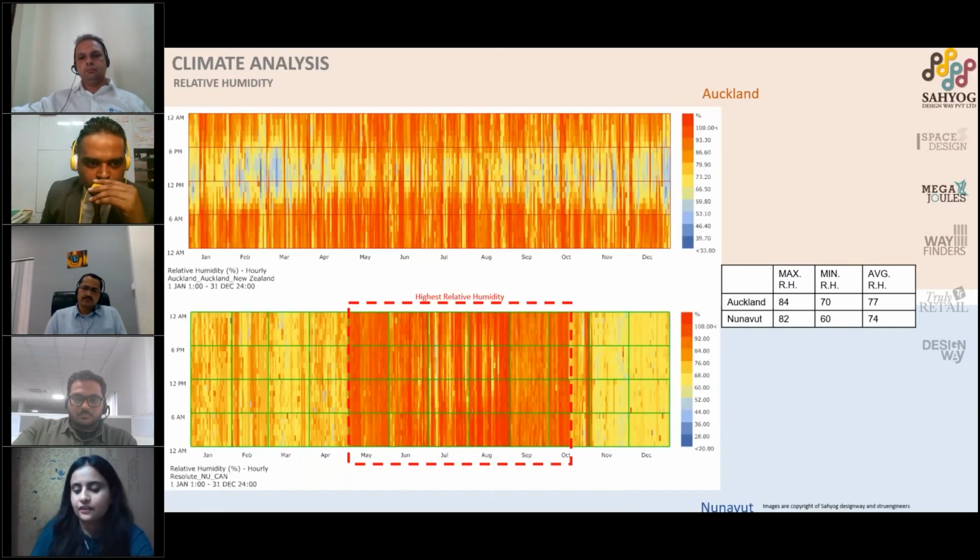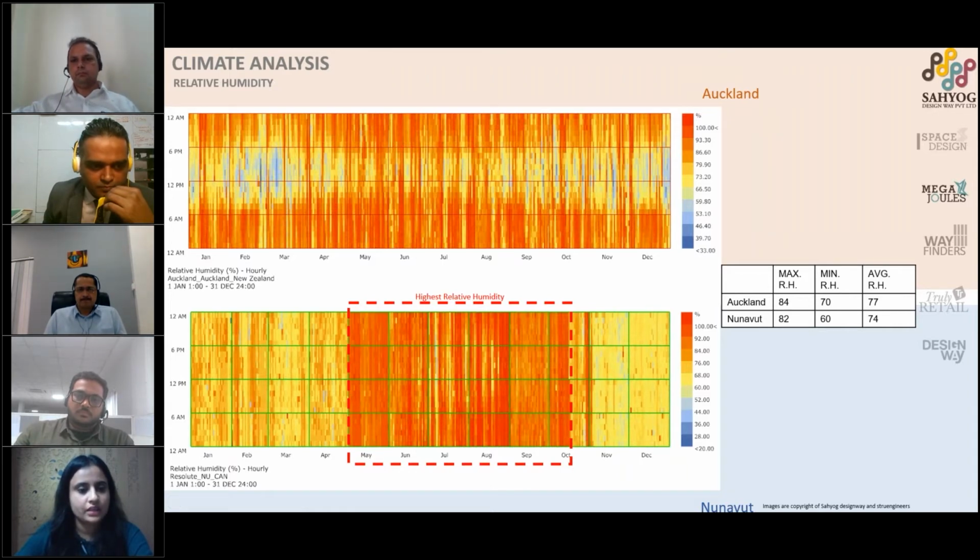Then we have done the relative humidity study. In Auckland, we have the average value high throughout the year, as you can see in the upper plot. And in the lower graph, it is shown that in Nunavut, we have the higher RH value during the summer only.